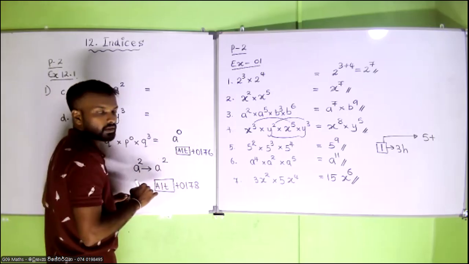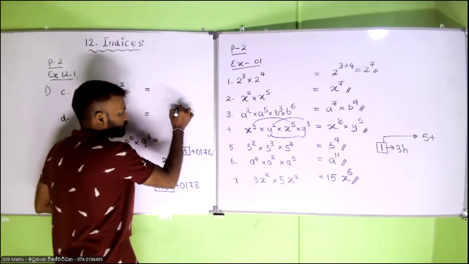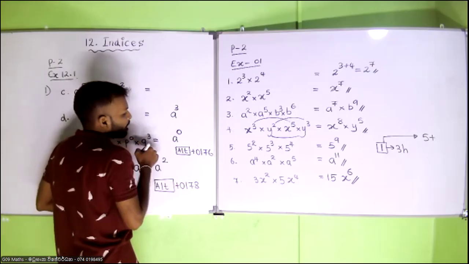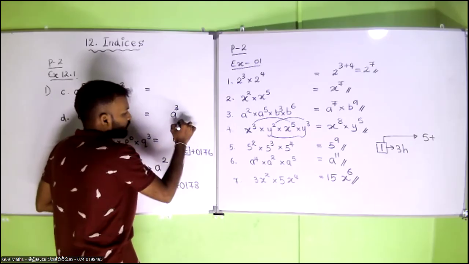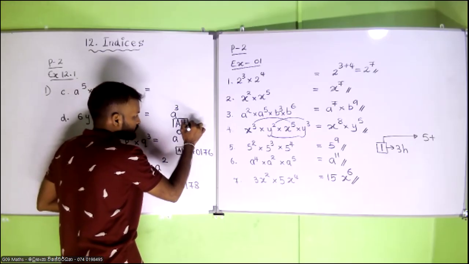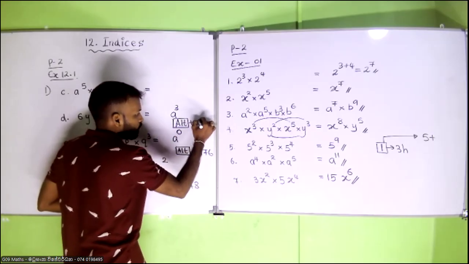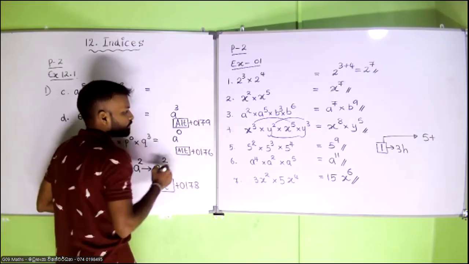First type A. If you want to type a to the power 3, press the Alt key and at the same time type 0179.